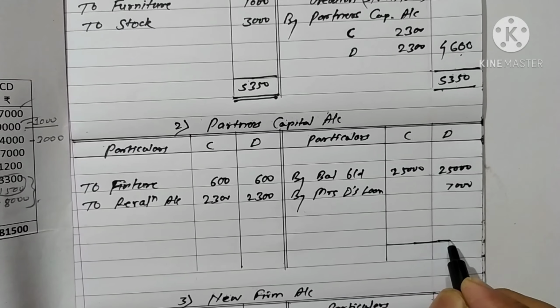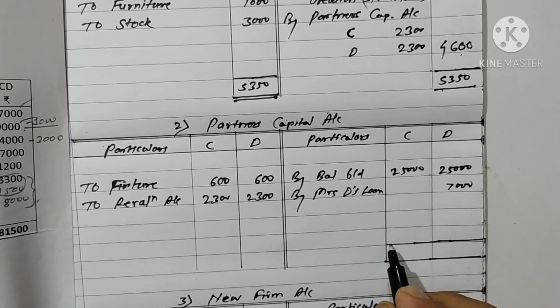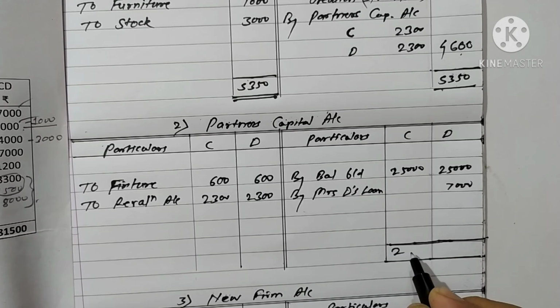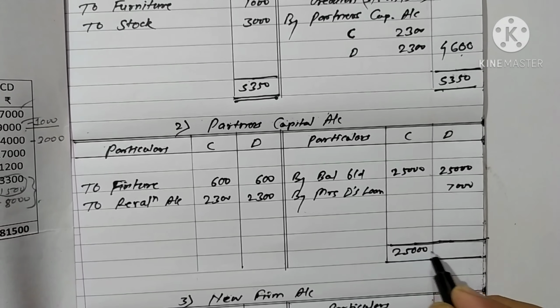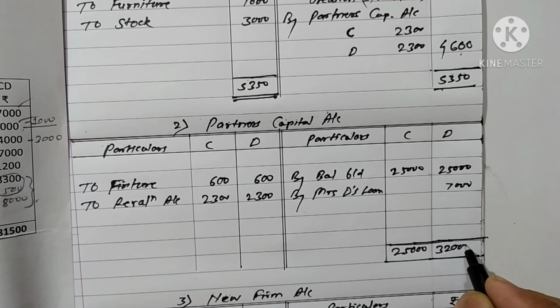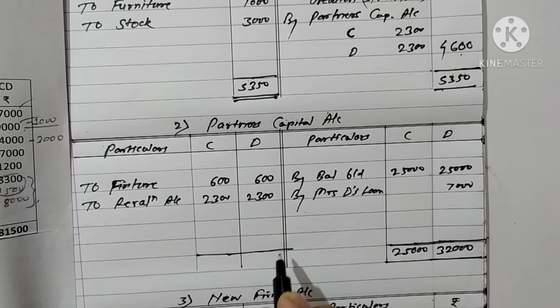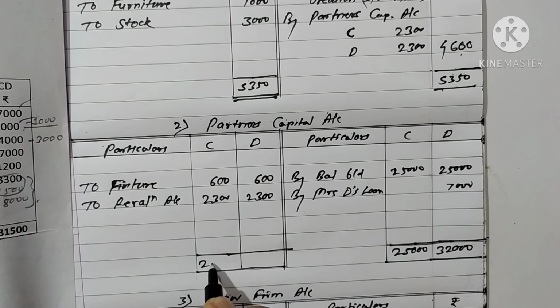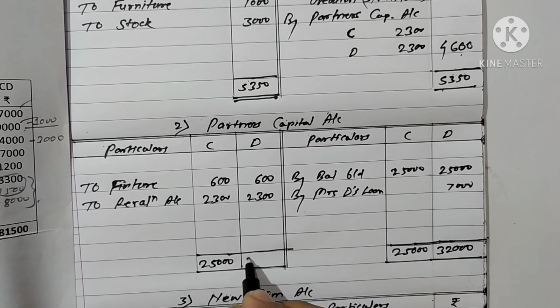Total of credit sides, rupees 25,000, here 32,000. We write it on debit sides 25,000 and 32,000.